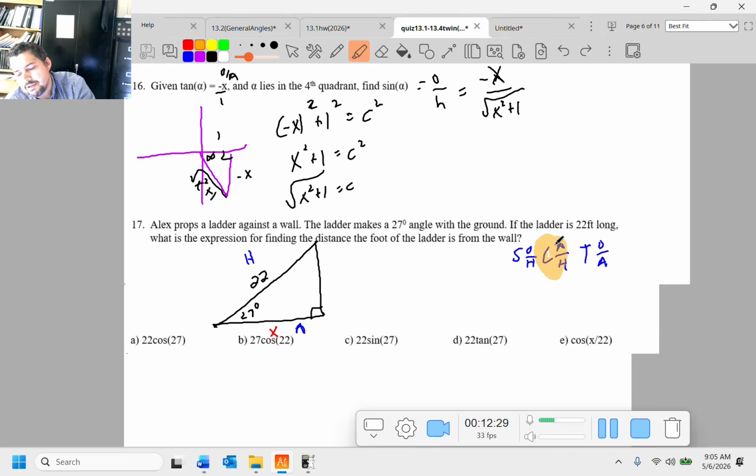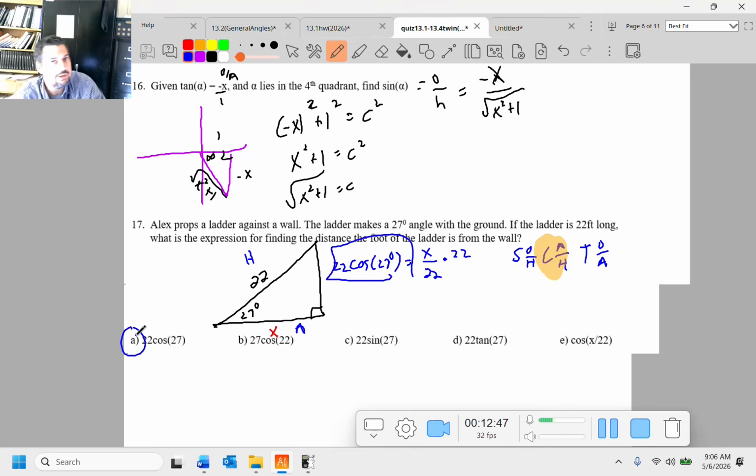And you'll notice it's this guy right here. It's CA. The cosine of 27 degrees must equal the adjacent side over 22. And we just go through the algebra that we would do to solve this thing. We just multiply both sides by 22. And that's the answer. Choice A.